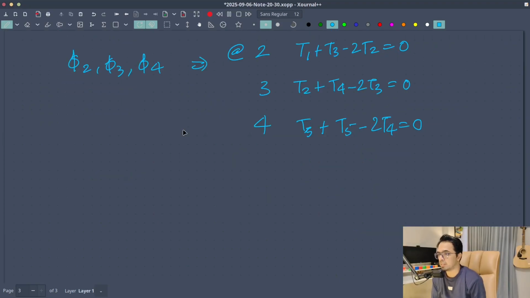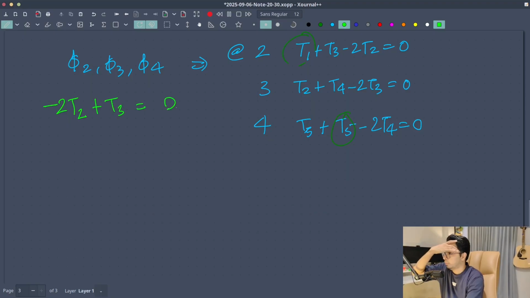If this is the case, what do we get? We simply substitute the values of T1 and T5. How do these equations change? We get minus 2T2 plus T3 is equal to 200, minus 200.